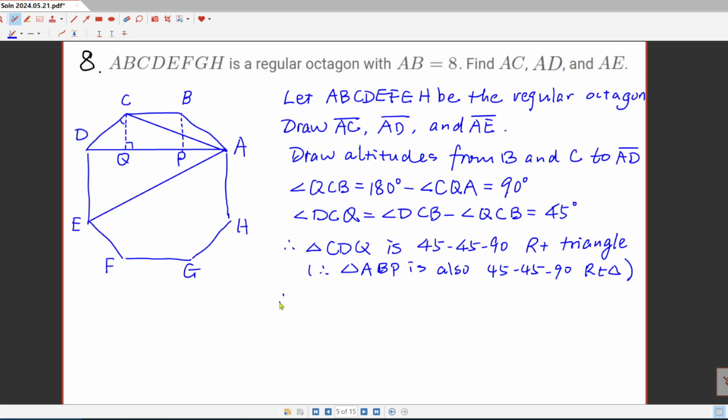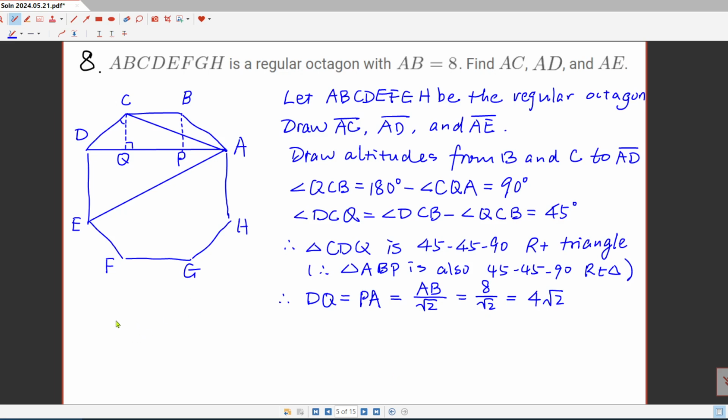And therefore we know in these little triangles we have DQ equals PA, which is AB over square root 2, right? And we know that AB is 8, so 8 over square root 2 is 4 square root 2.